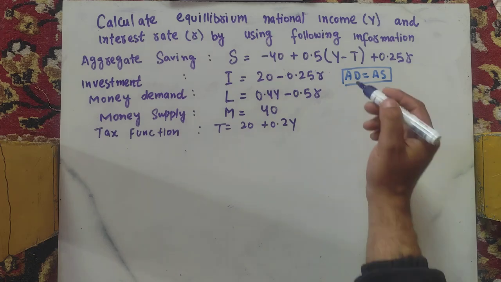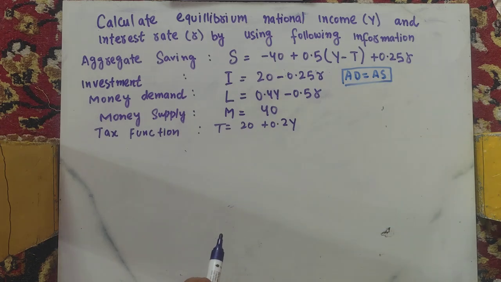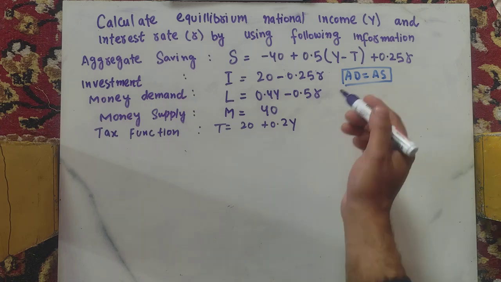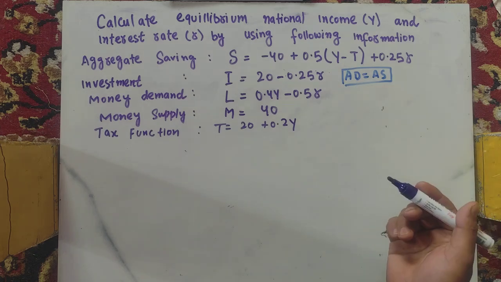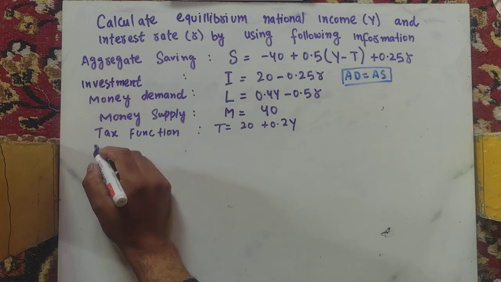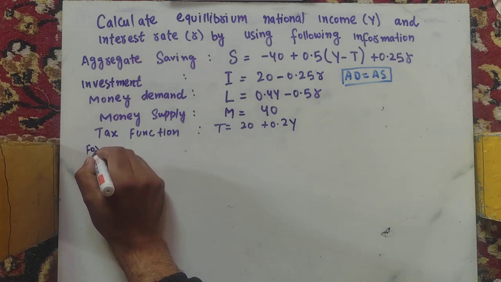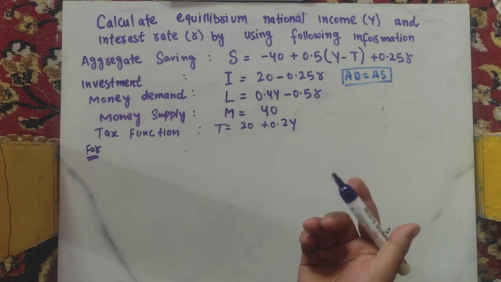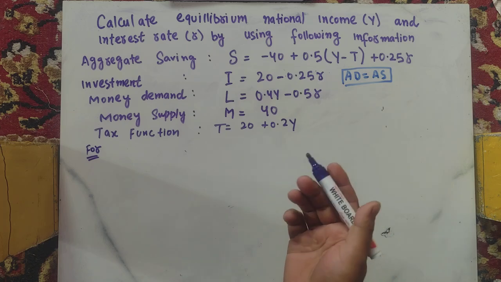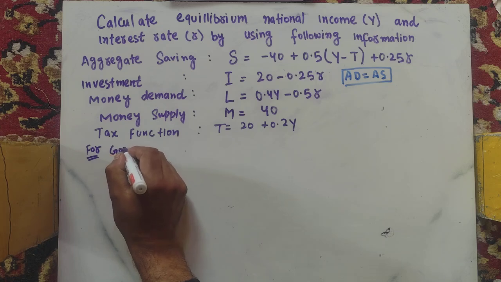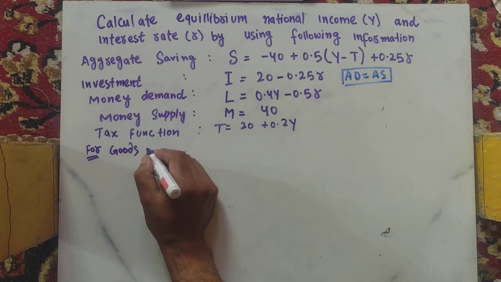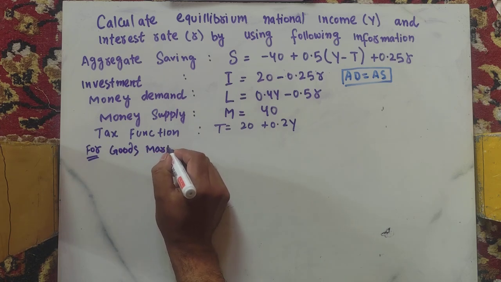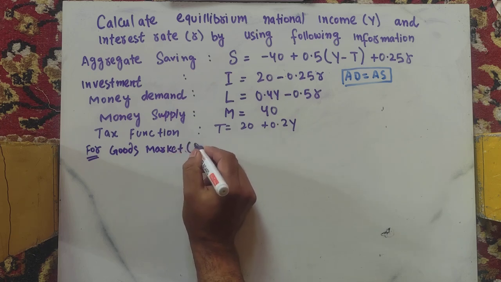Aggregate demand is not given explicitly, so we need to find the IS equation first. The IS equation shows us the goods market equilibrium.